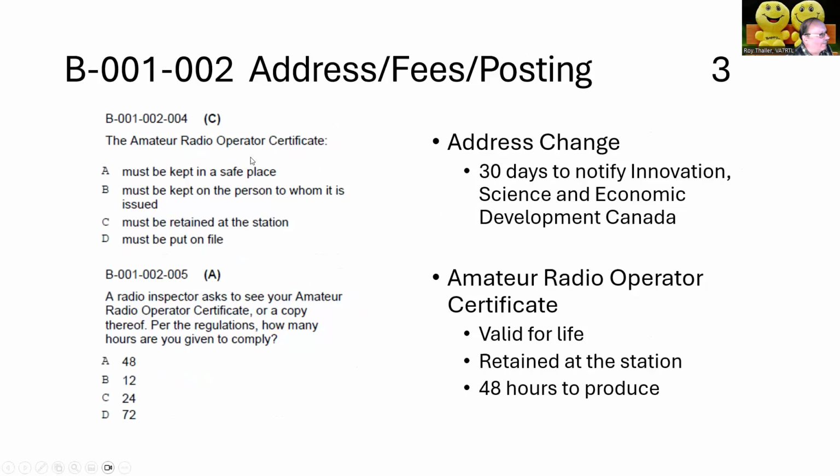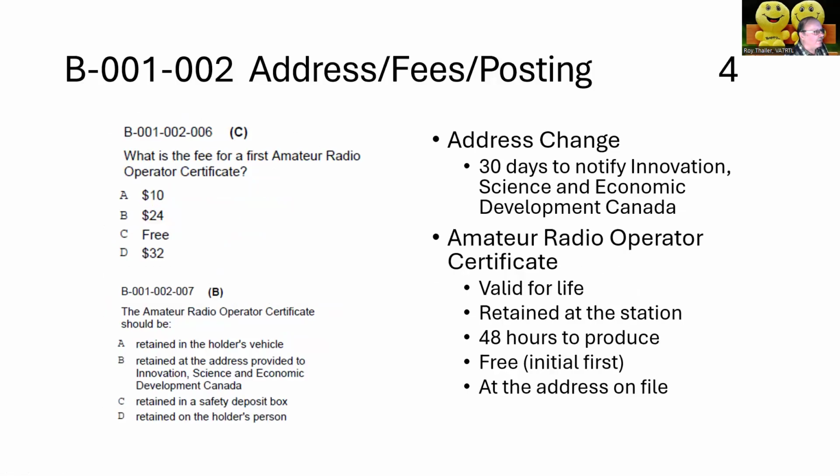The amateur radio certificate must be retained at the station. If a radio inspector asks you to produce a copy of the certificate, you have 48 hours to produce it. The next thing is, what is the fee for it? It's free for the initial first one.